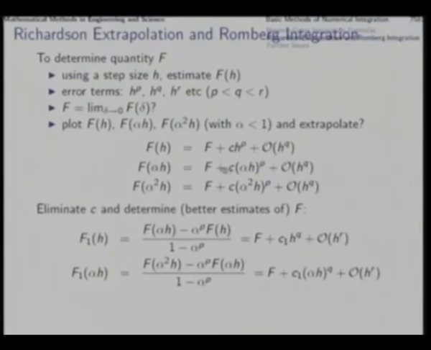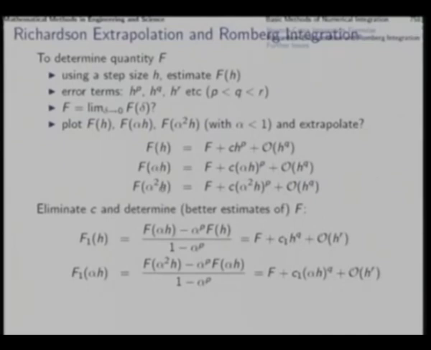That is, this minus alpha to the power p times this will be this minus alpha to the power p times this. That one gets cancelled, and with 1 minus alpha to the power p we divide and we get a better estimate of f, that is f1. In that, the leading term of error h to the power p will be missing. Now the leading term will be h to the power q.